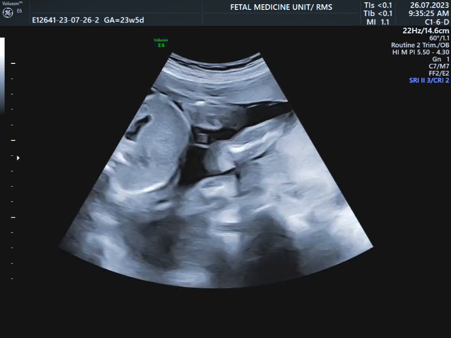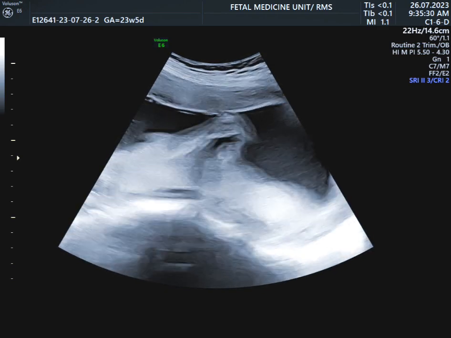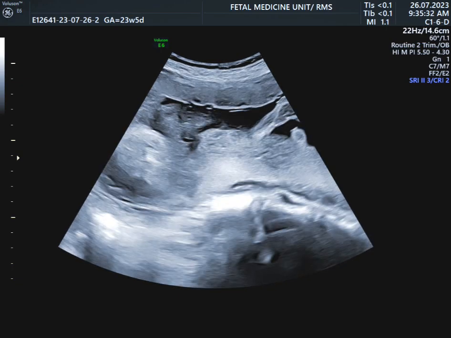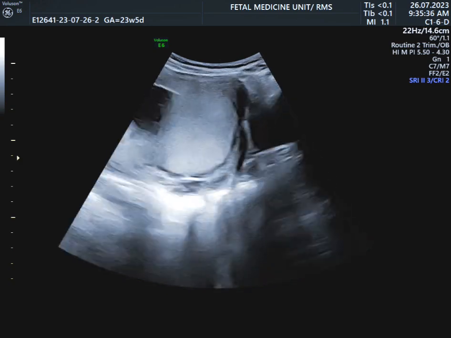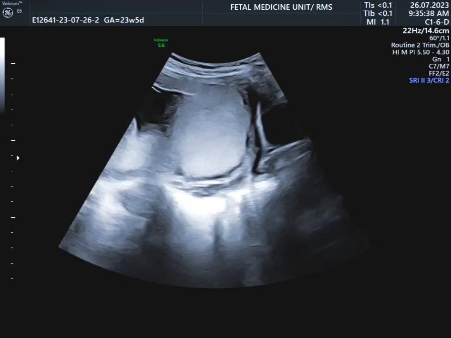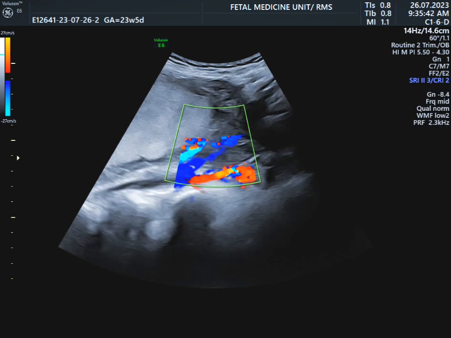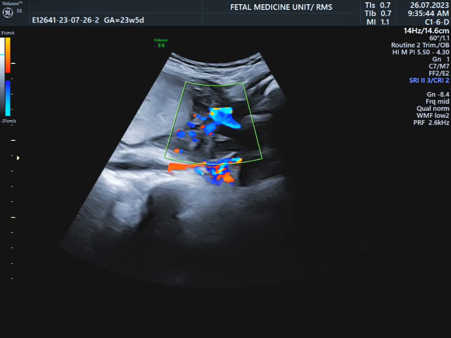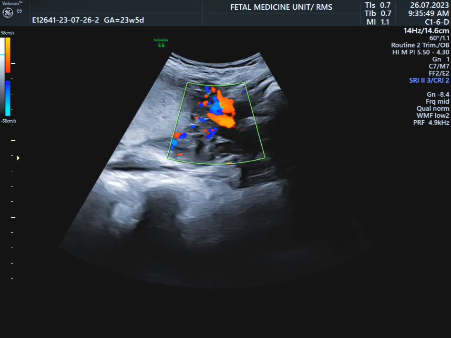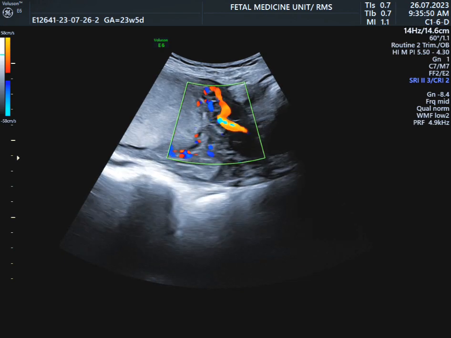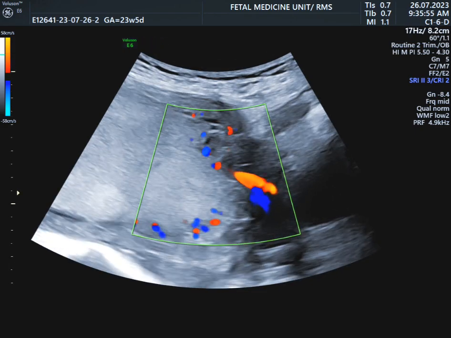At the end of the scan, we get the placenta and we evaluate the placenta. It's away from the internal os, posterior. Then we get the uterine artery, which is very important in the anomaly scan to predict SGA and to see if there is any notching, to start aspirin.